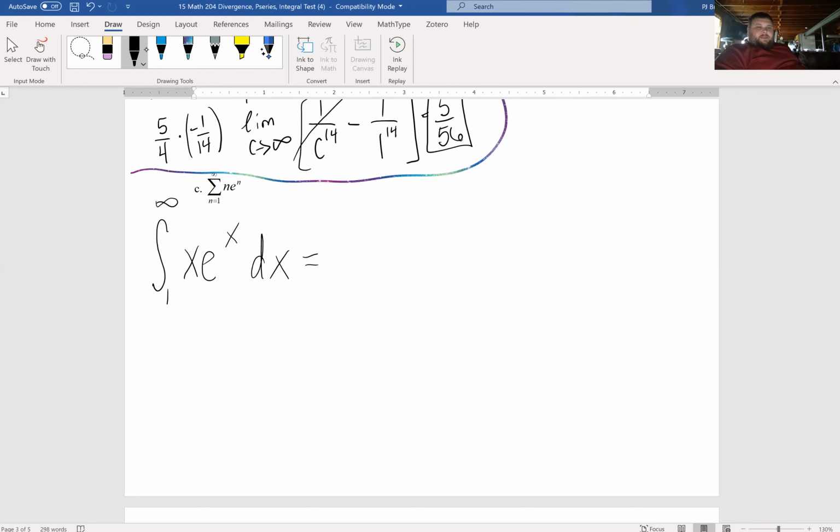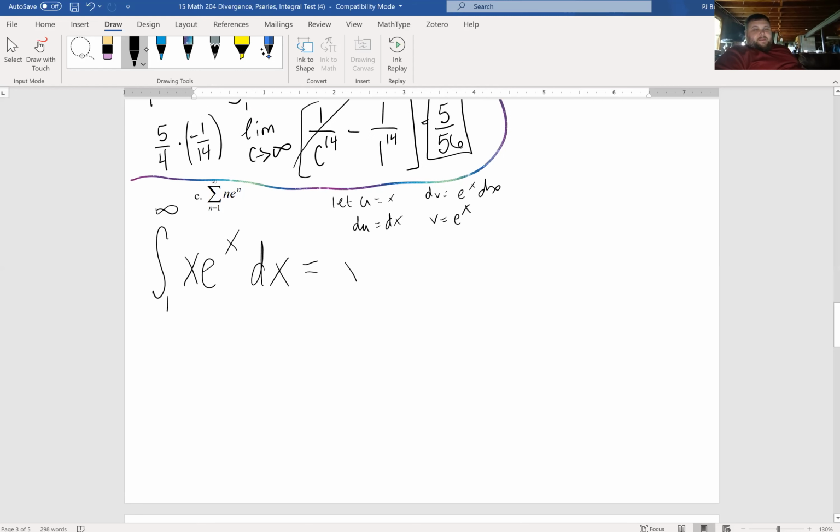So this is a by parts integral. I would let u equal x, du equal dx, dv equal e to the x dx. Therefore, v is e to the x. So we get x e to the x minus the integral of e to the x dx.